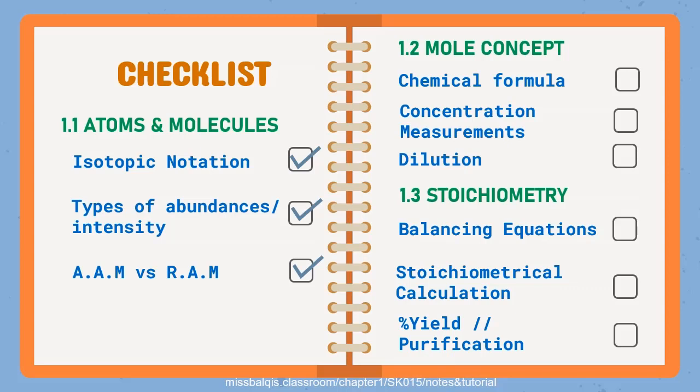Okay, for 1.2 mole concept, you learn about chemical formula. So there are two chemical formulas to be learned. One is empirical formula, the simplest version, and the molecular formula is the actual number of elements present in your compound. Then the concentrations measurement.